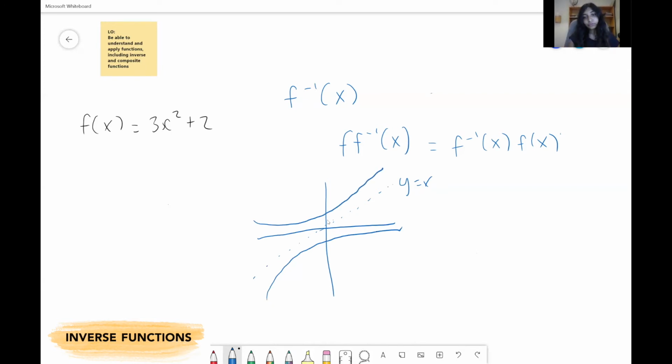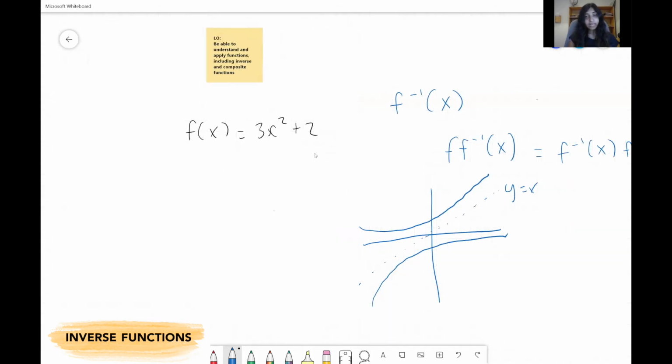And when you're doing the inverse function, all the numbers in the domain would switch to being all the numbers in the range of your inverse function, and all the numbers that you had in the range of your f of x would switch to becoming the domain of your inverse function.